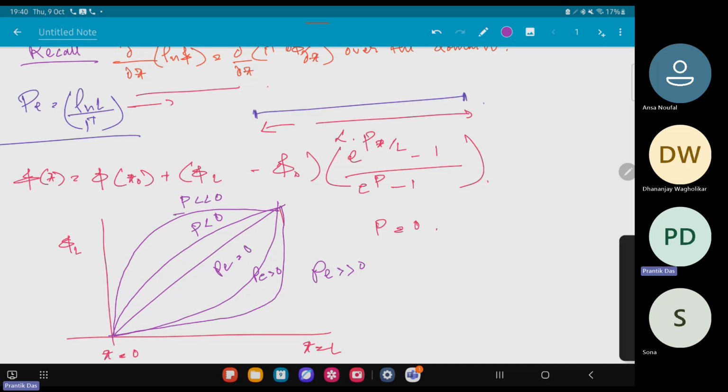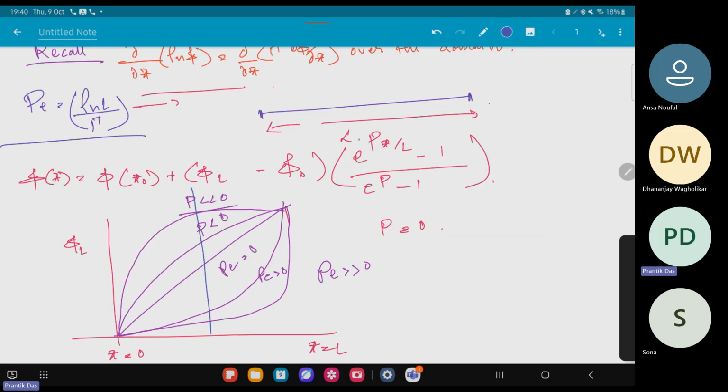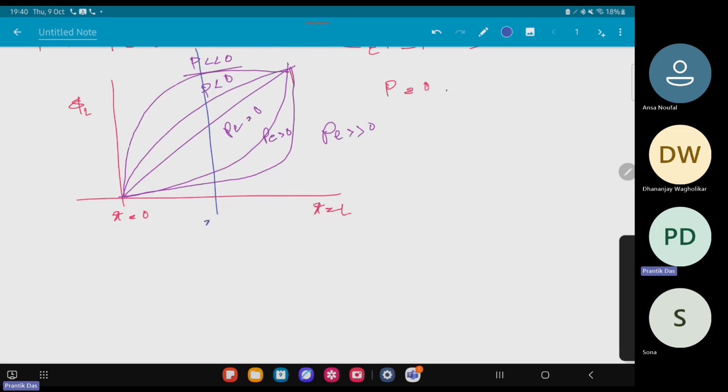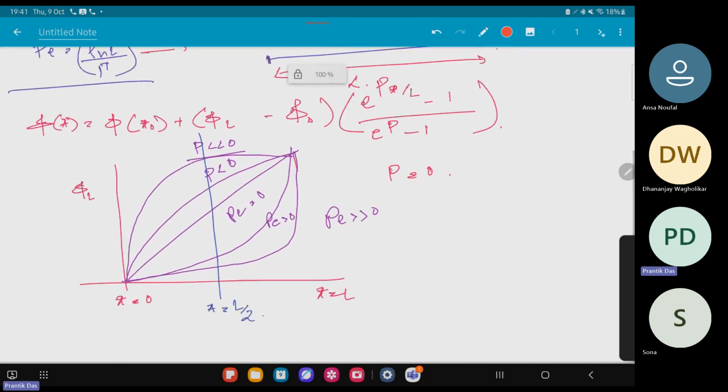So depending upon the Peclet number, the nature of the profile along the length of the rod will change, for example at x equal to L by 2. Okay. So if the Peclet number is equal to zero, that means it's a pure diffusion process.